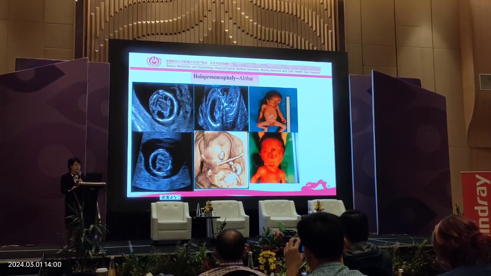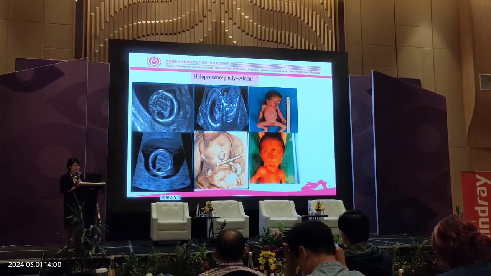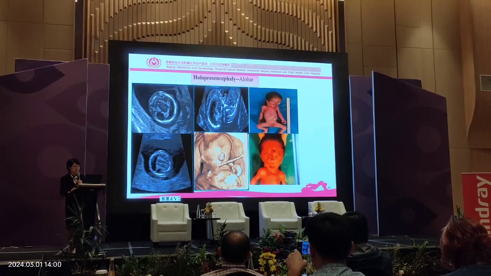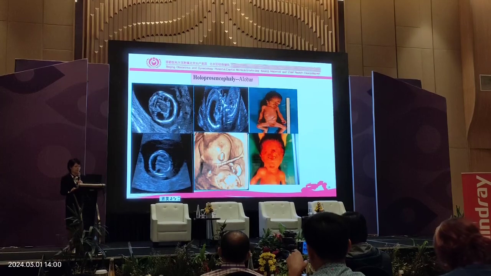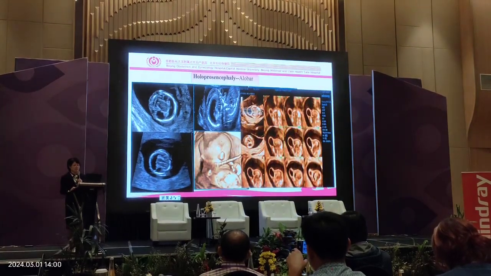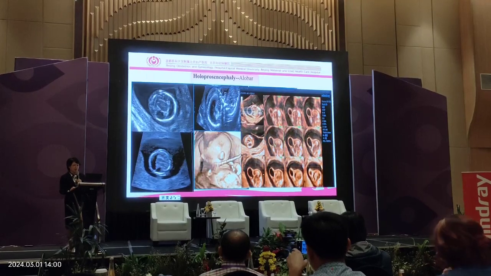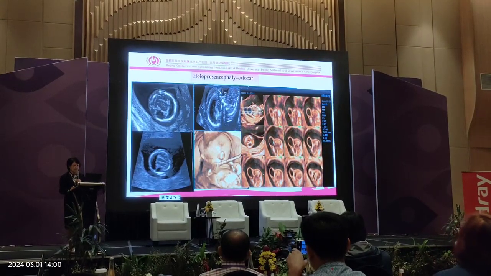And this one is a very small cyst. But when we look at the 3D volume, we can see it's a problem, like this. What's this? The picture is very clear. It's also a smaller cyst. What's this?